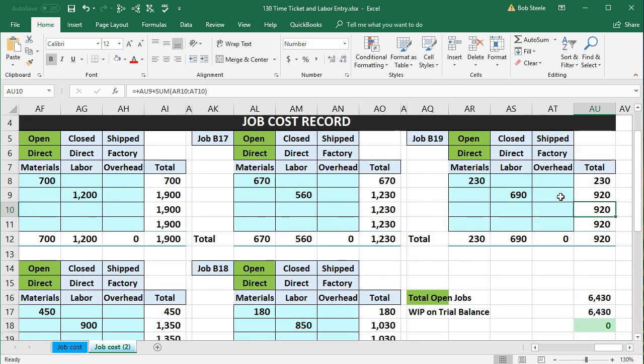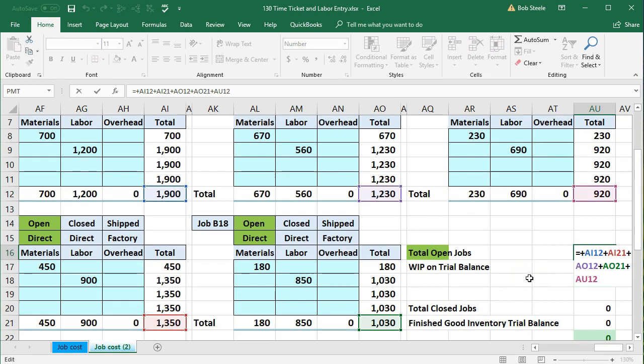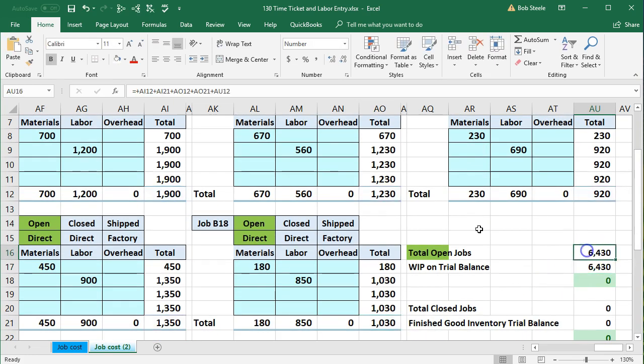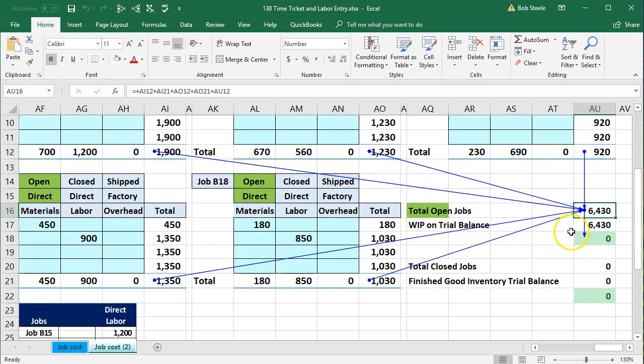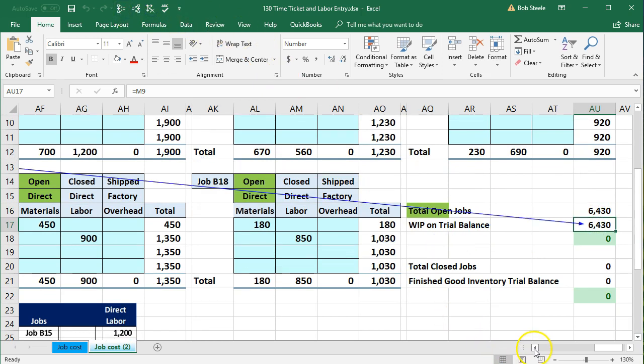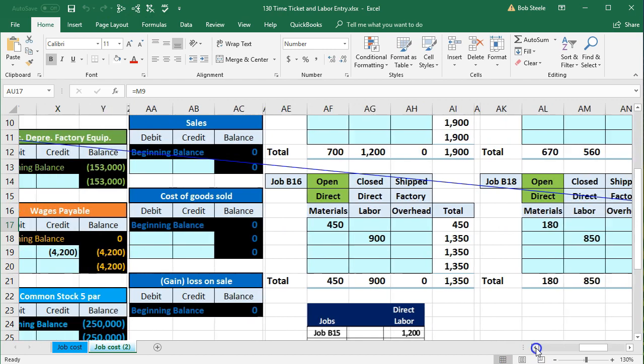Now, if we add up our total jobs, direct materials and direct labor, these two add up to 1,230, summed up vertically. Here's our total 1,230. That's the case for all jobs. If we add up all of the open jobs, they add up to this amount, which should be equivalent to what's on the trial balance and GL.